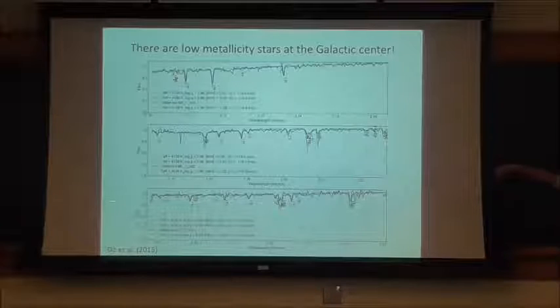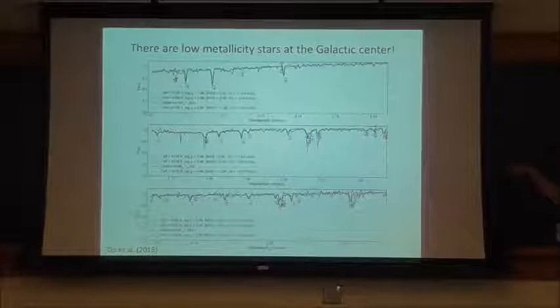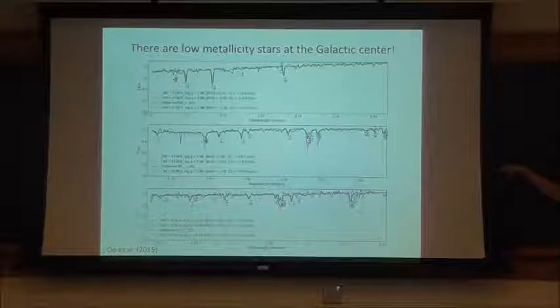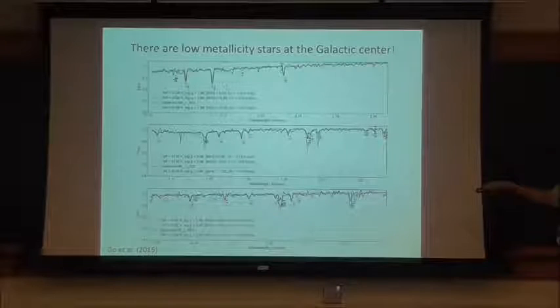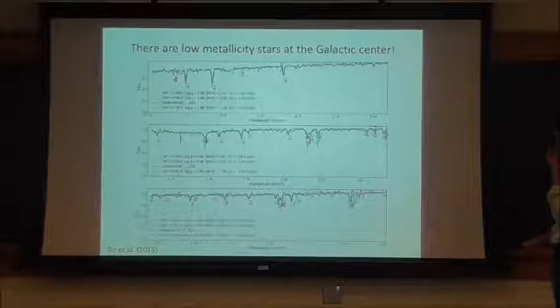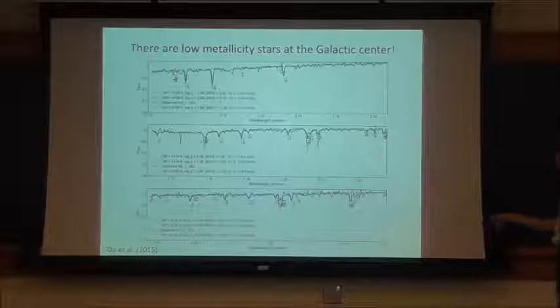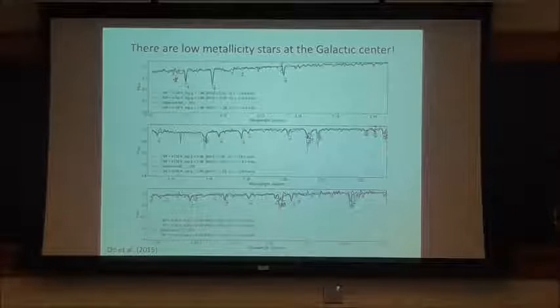And then in these other colors, we've increased the metallicity to show the effect of increasing metallicity. You can see that, for example, these sodium lines are much better fit with a low metallicity. And then there's some iron lines here, for example, this iron line almost doesn't show up. That's fit better by lower metallicity. As you can see, as you increase metallicity, it would predict that these line strengths should have increased a lot.